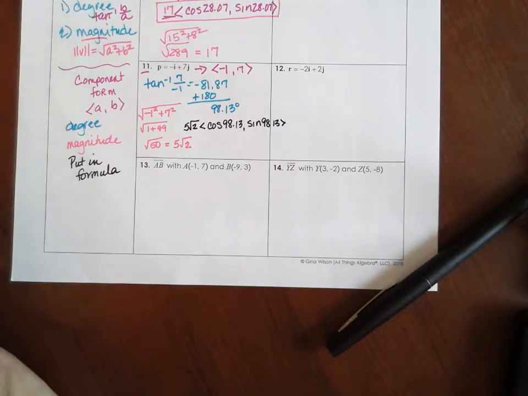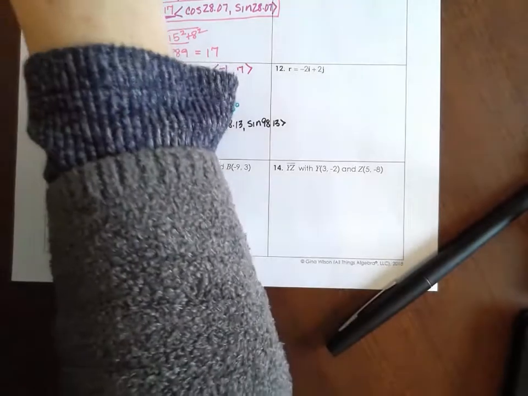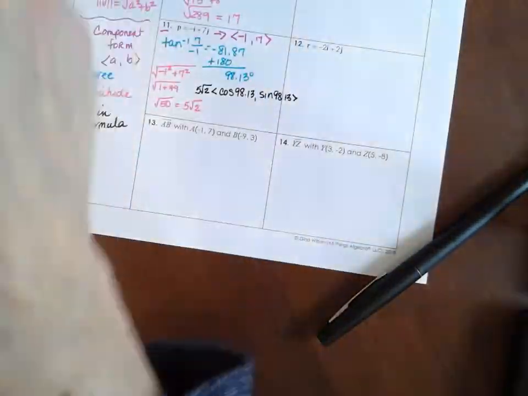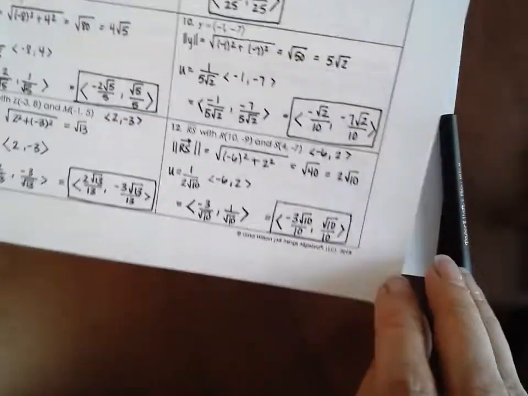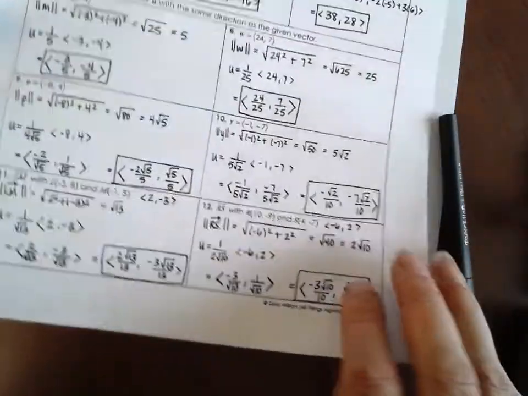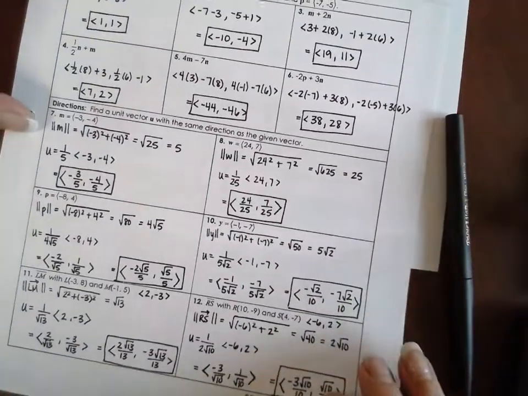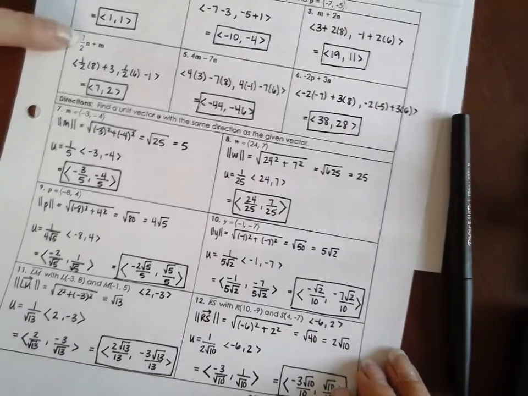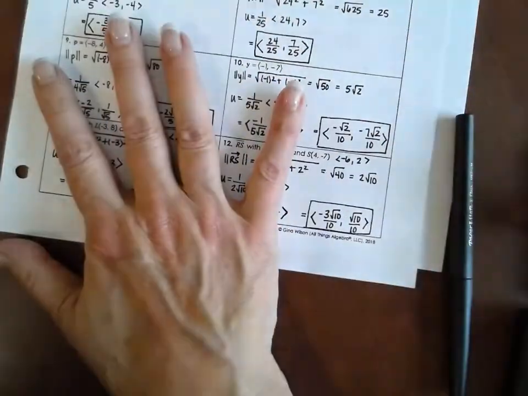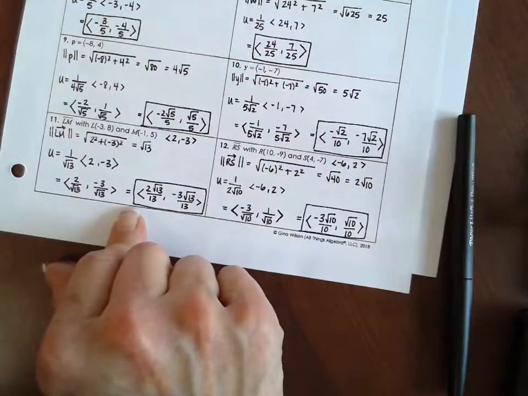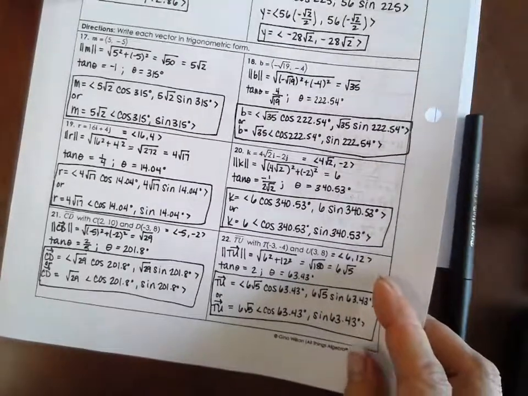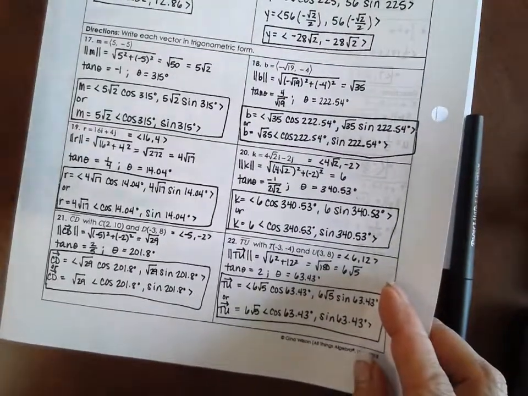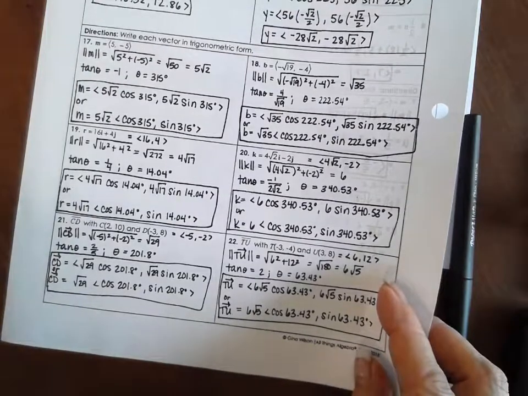Okay. So then the rest of class, you have all sorts of homework problems to practice this. The stuff that was on the skill quiz yesterday was the adding and then doing the unit vector in the same direction. And then today is just what we did with the component form and the trig form, right?